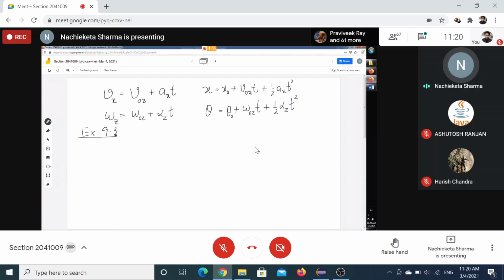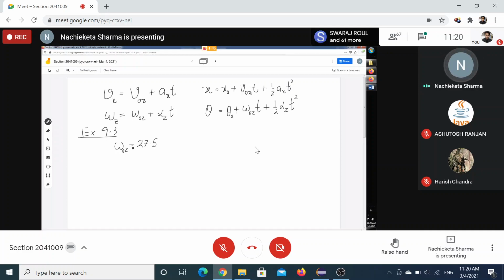The disk's angular velocity at t is equal to 0 is 27.5 radian per second. So omega naught z of that disk is equal to 27.5 radian per second.